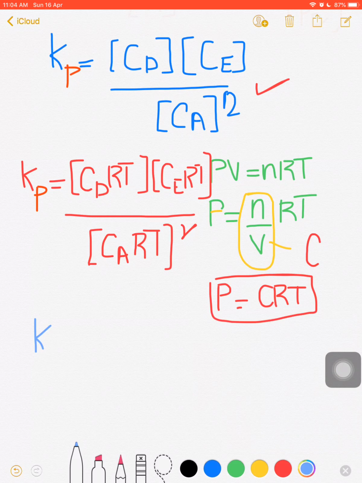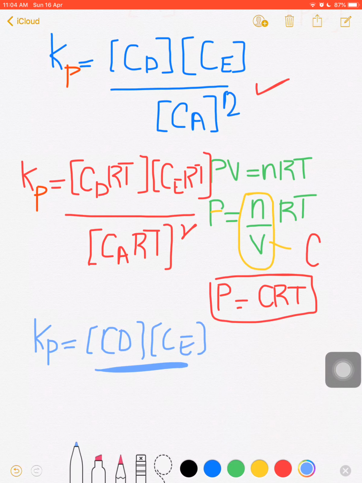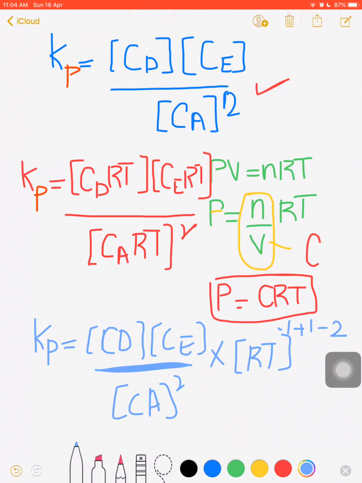We know that Kp is equal to now Cd upon Ce upon Ca, and it will be RT to the power 1 plus 1 minus 2, right? It will be like this.